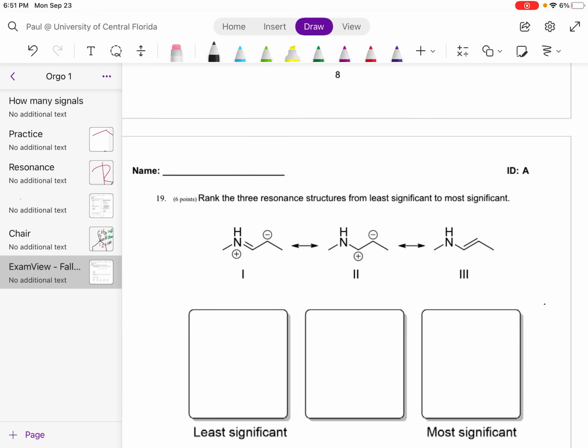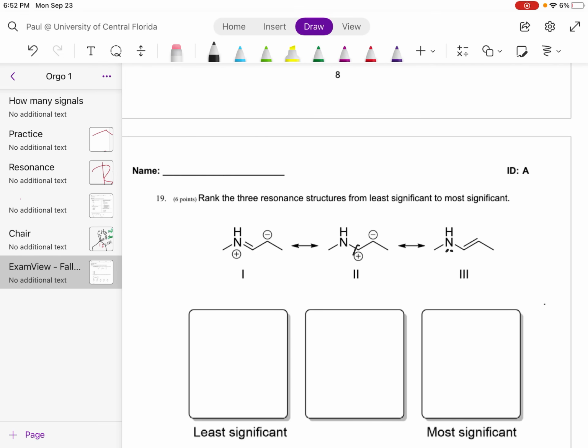Okay, when we take a look at these structures, rank the least significant to the most significant. Well, the first rule is the octet. So every atom in molecule 3 has an octet.